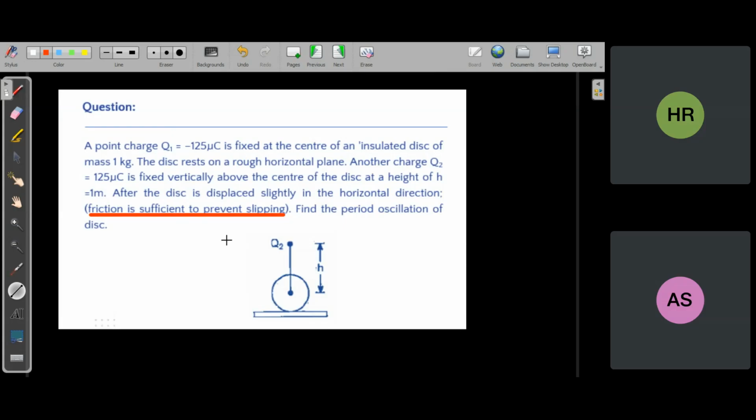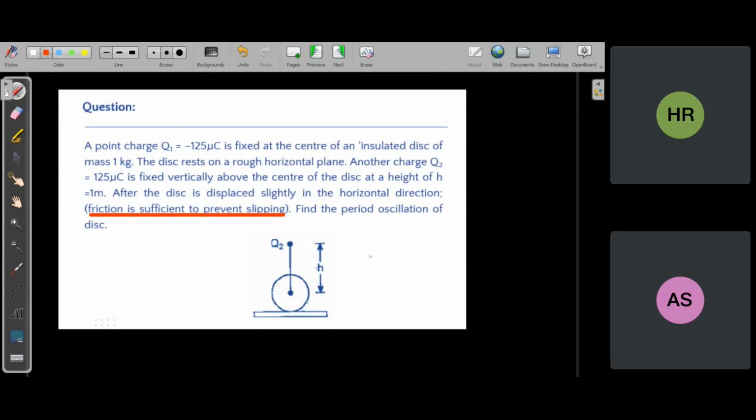Now you write the total mechanical energy of the system. In the total mechanical energy, three terms will come: electrostatic potential energy, translational kinetic energy and rotational kinetic energy. Then that mechanical energy is equal to a constant, and then you can differentiate this equation. After differentiating, you'll get something.